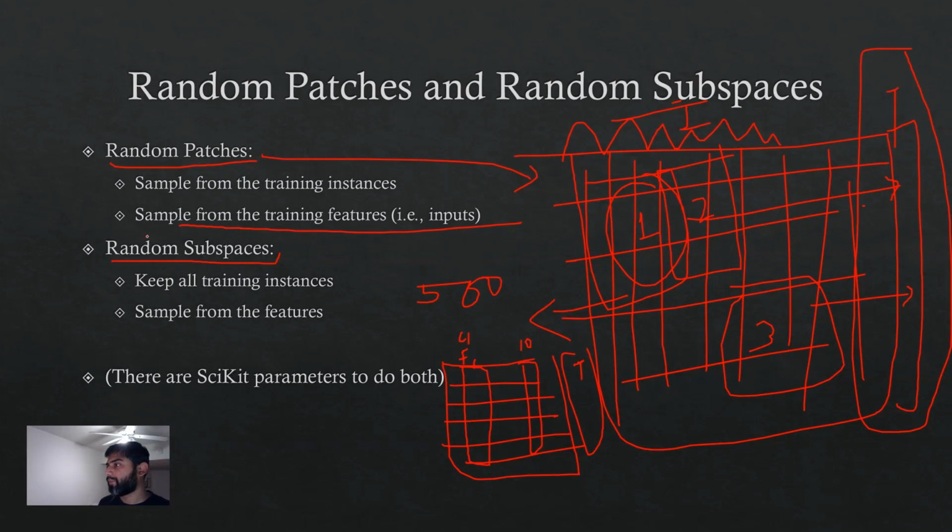This is the difference from random patches. A patch could be just a section from the data set, but subspaces literally has all the rows, and you are randomly selecting a set of columns from the data set. Here you could have 1, 3, and 5 for one model, 1 and 6 for the second model, 1 and 10 for the other model, 1, 8, and 9 for the fourth model, and so on. And this way you make your 500 models, 1,000 models.